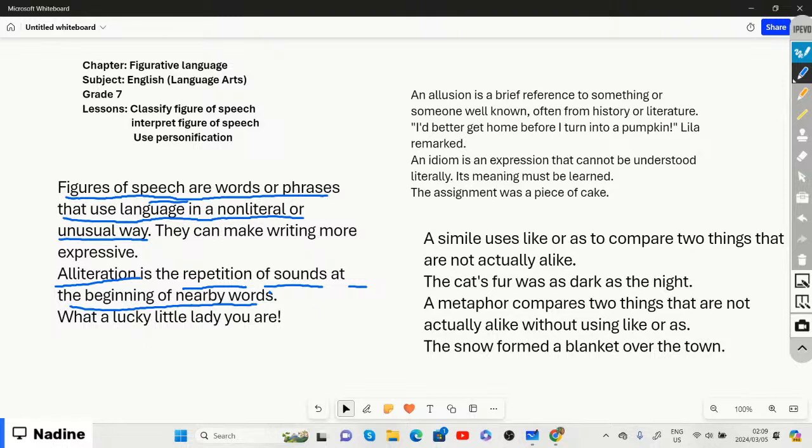For example, what a lucky little lady you are. So here we are repeating the sound at the beginning of the nearby words. Lucky little lady, right? That is alliteration. The repetition of sound at the beginning of the words.